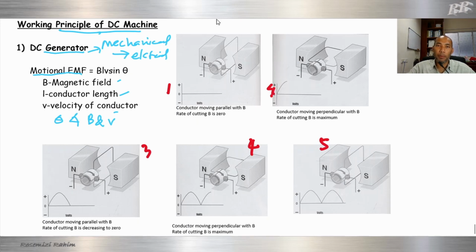At figure number 1, we can see this conductor. To generate energy, it needs to cut the field. We know that between the north and south pole there will be a magnetic field. We have the conductor here.